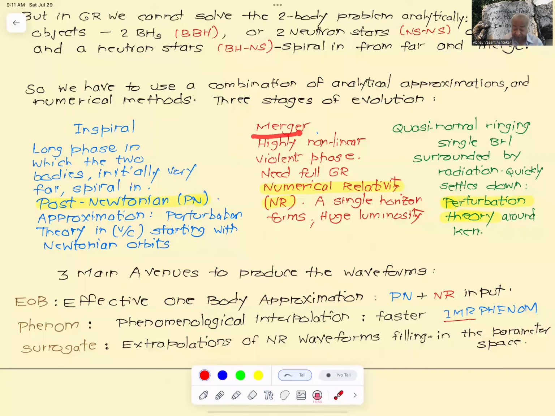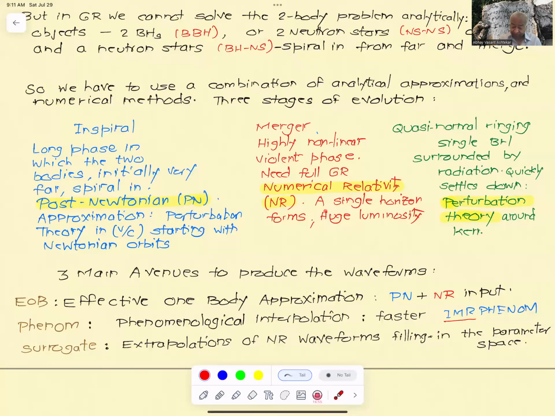Then the next phase is the merger phase, when the two compact objects are very close to each other, and then they merge and form a single object. That phase is highly nonlinear, and it's a very violent phase. For this, we need full general relativity, because the post-Newtonian approximation fails. The speeds are comparable to the speed of light, if you like. And as we'll see in a minute, various approximations that are made there don't work.